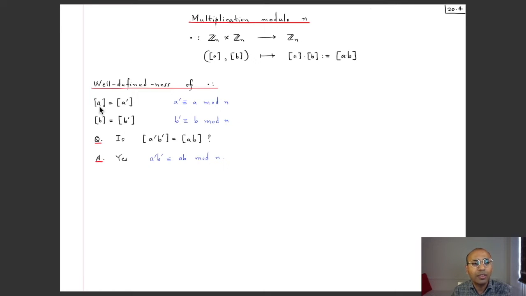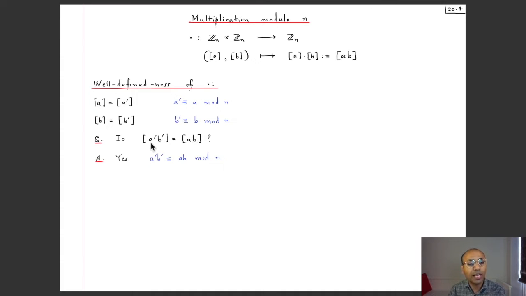Now instead of using the representatives A and B, if instead I use A prime and B prime, then this product at the end, which I end up with, is going to be the equivalence class containing A prime B prime. And we have to check that this equivalence class that we get is the same as the one that we get if you use some other representatives like A and B.